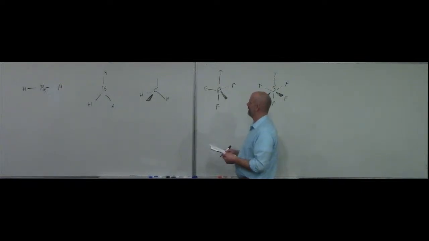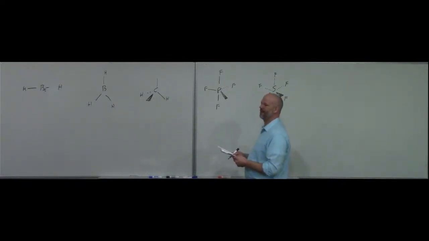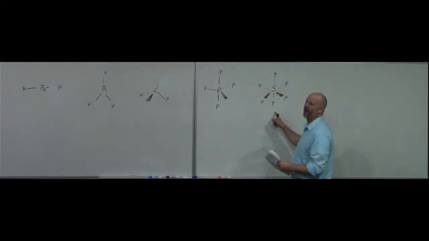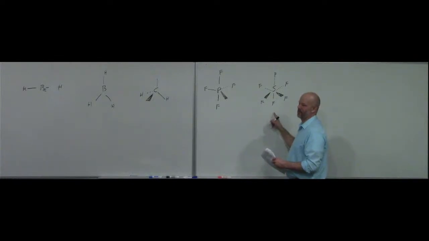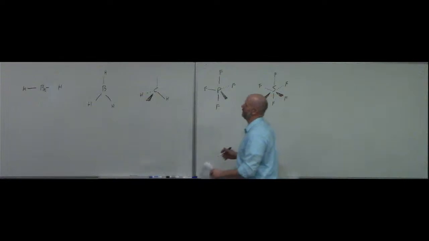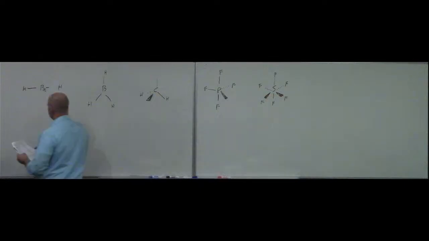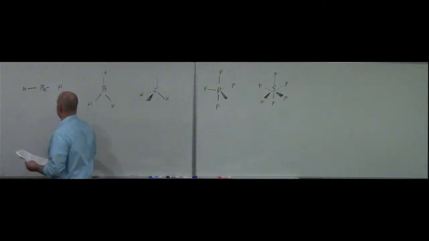Trigonal planar. No, not that one, here. Trigonal bipyramidal. Okay. All right. Good. And this one? Octahedral. Okay. All right, so essentially if I've got two electron domains, in this case both bonds, right?